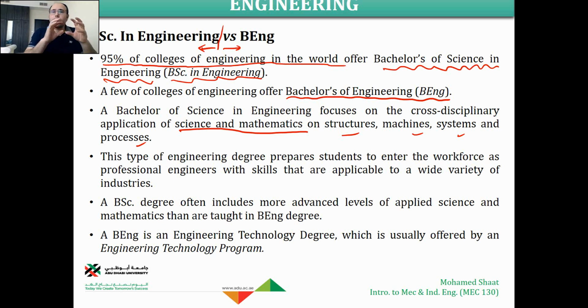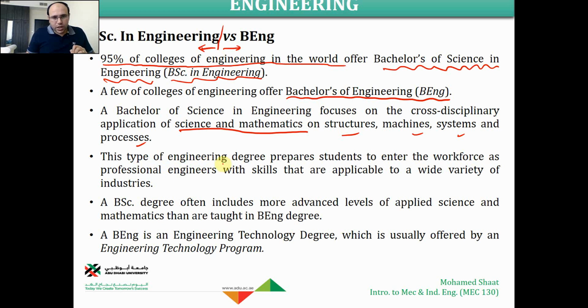These applied sciences courses are going to skill you and practice you in how to use this basic science for different engineering applications, to design structures, machines, and system processing like manufacturing, and so on. So this is the Bachelor of Science in Engineering, so it is more general.